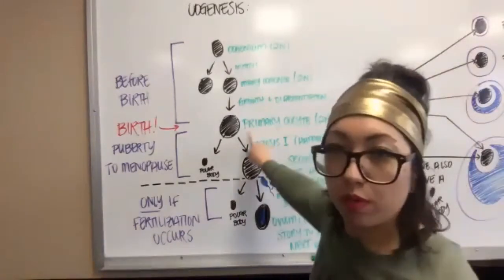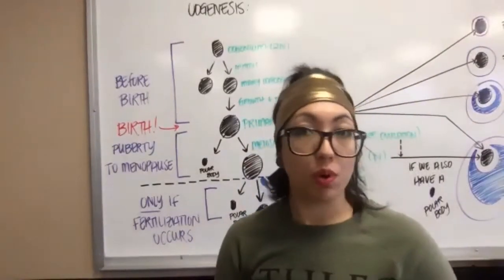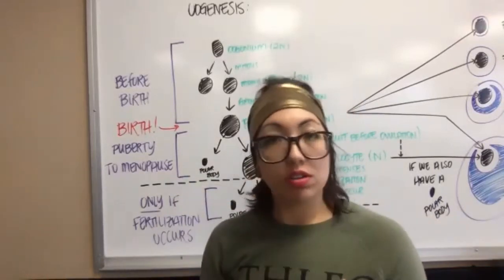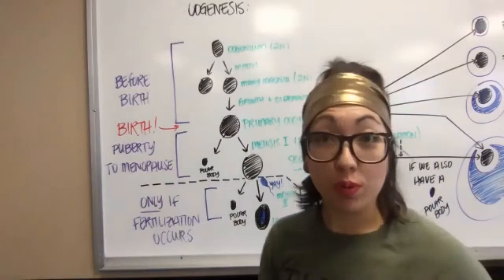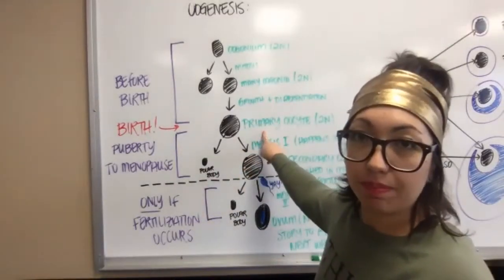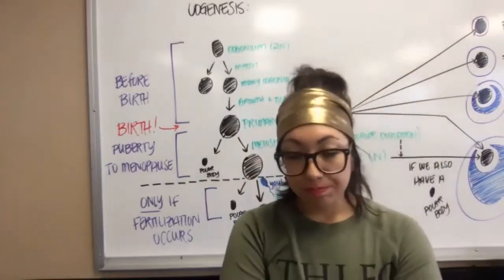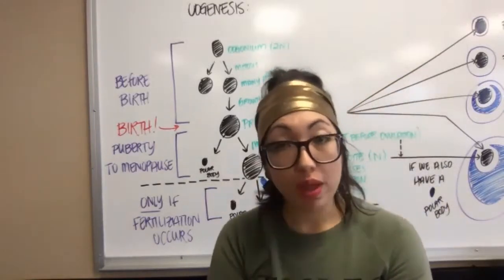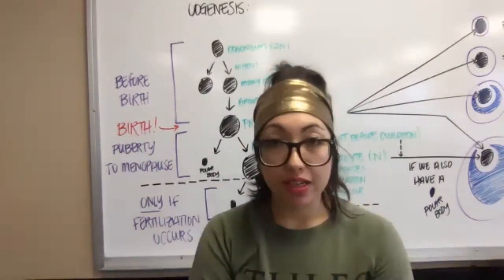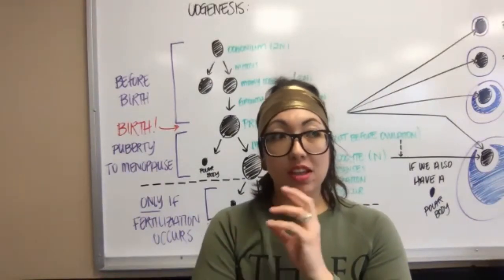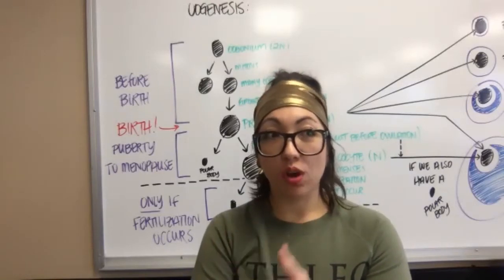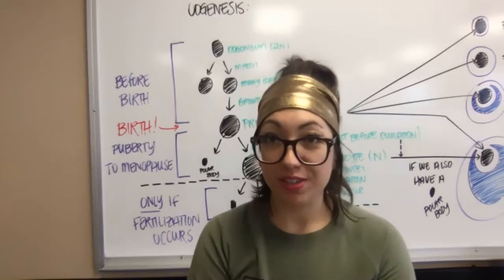You've likely heard a woman is born with all the eggs she'll ever have in her life. Maybe you should say a woman is born with all the primary oocytes she'll have in her lifetime. And this is why, for women at least, age is a risk factor in pregnancy, because her eggs, her oocytes, are as old as she is, right?